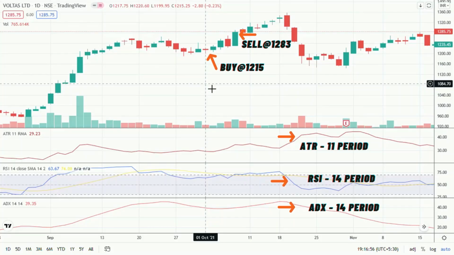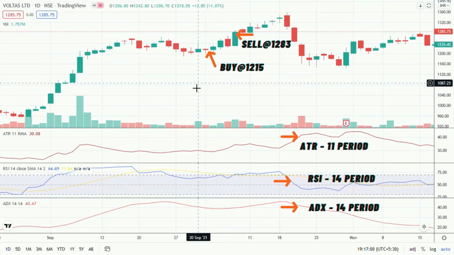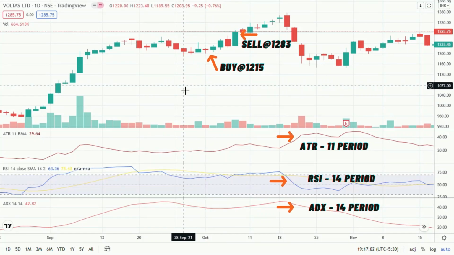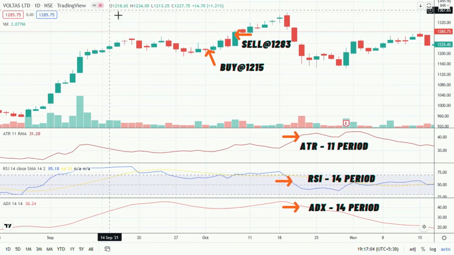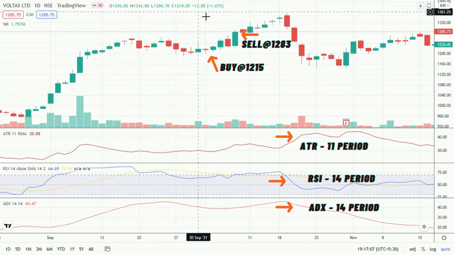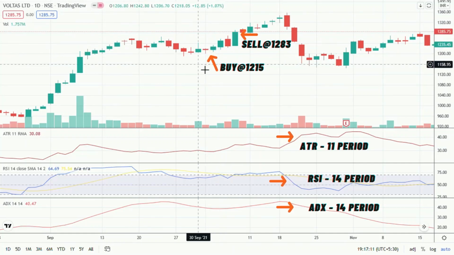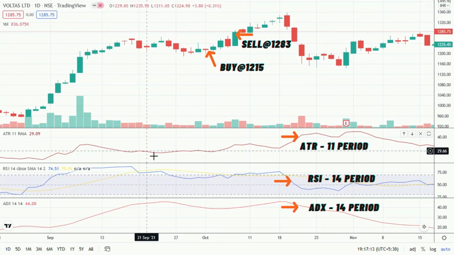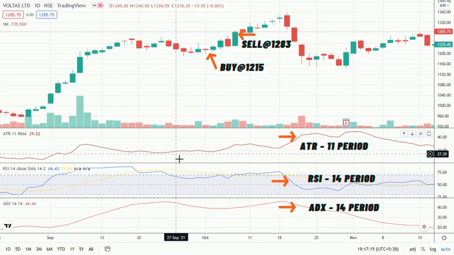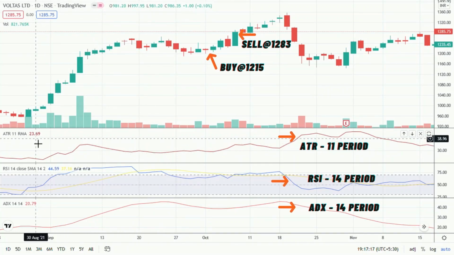Now let's look at the chart and understand how this strategy is traded. In front of you is the chart of VOLTAS on tradingview.com, and here at the top you will be able to see the open, high, low and closing price of the stock on any particular day. Here the red line is the ATR. Value of ATR can be seen here in red.